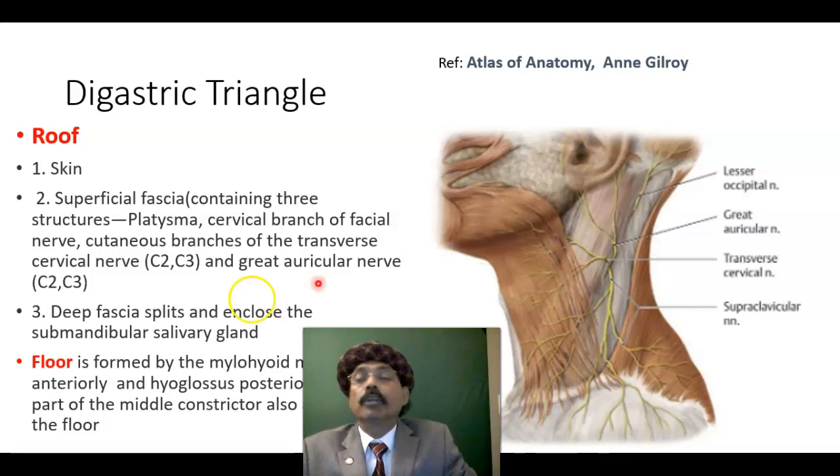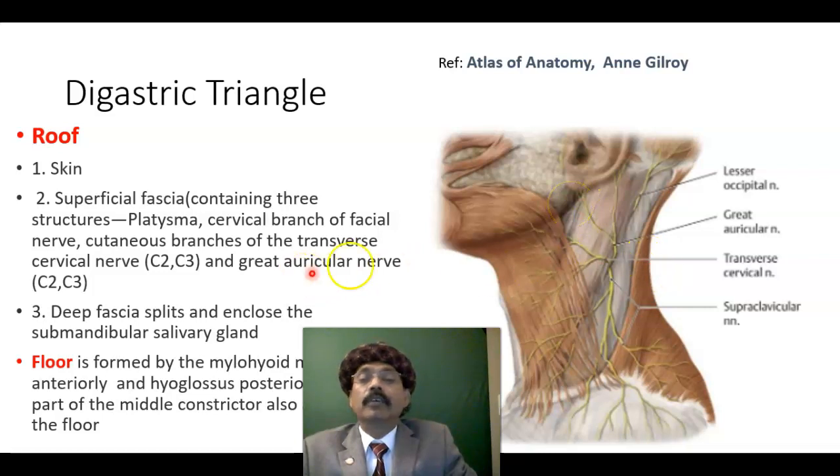There is motor innervation, and this roof area also gets cutaneous innervation from the transverse cervical nerve. Here we have some ascending branches. These are cutaneous branches, and also from the great auricular nerve around the angle of the mandible.